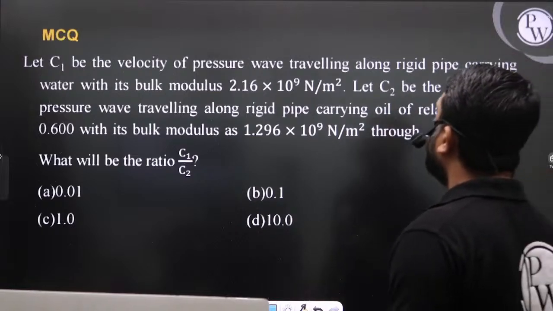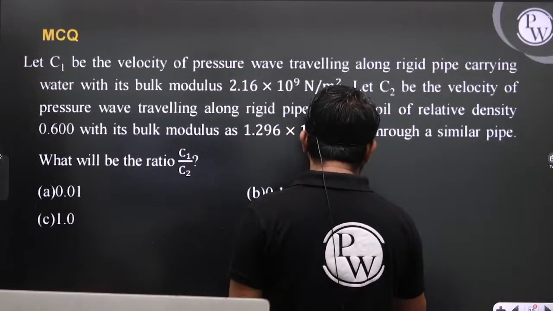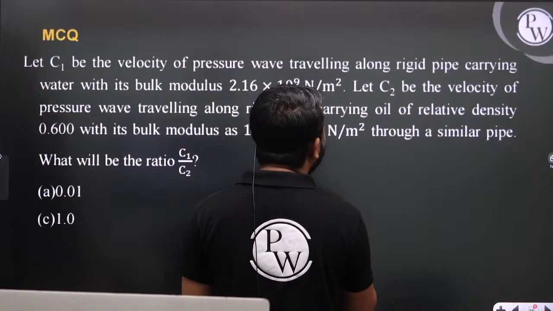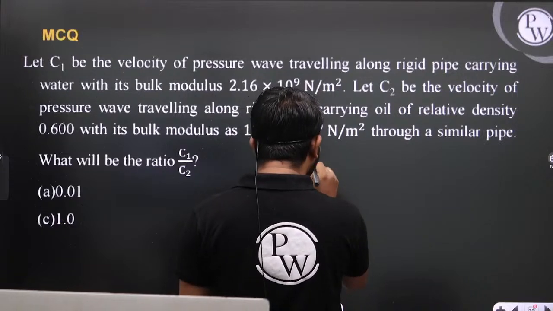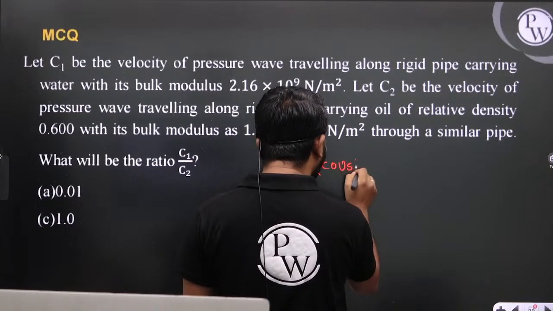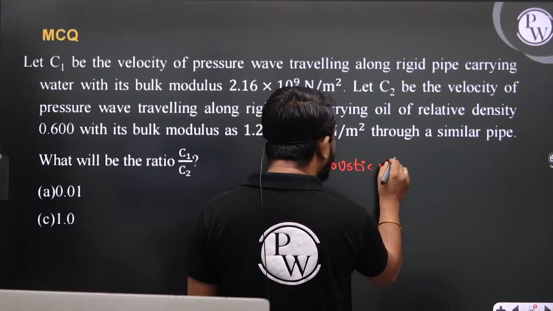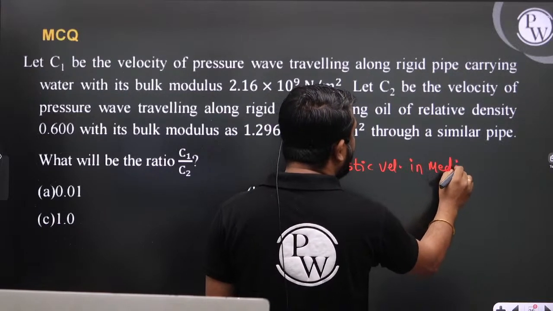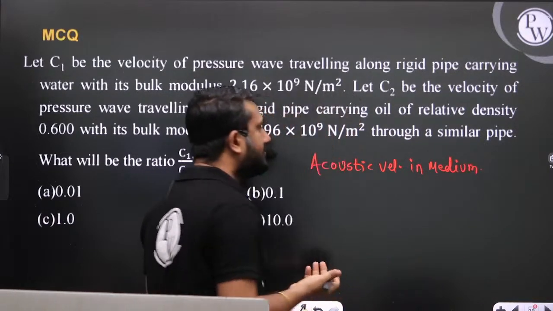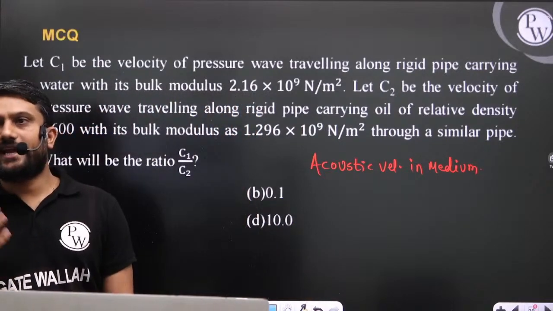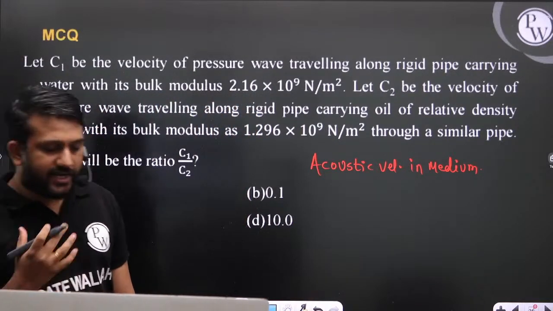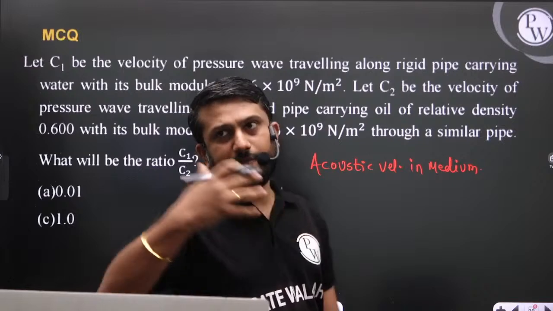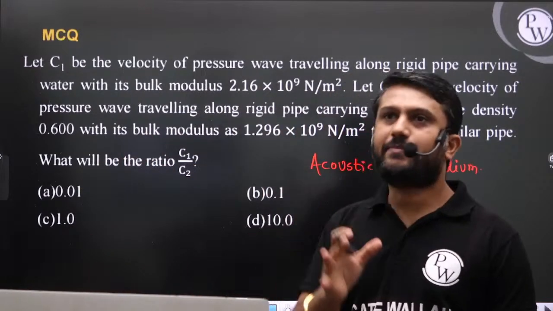Okay. So tell me, what is the mathematical expression of velocity of pressure wave? Remember, the acoustic velocity in a medium, or the velocity of sound in any medium, is equal to the velocity of pressure wave in that particular medium.